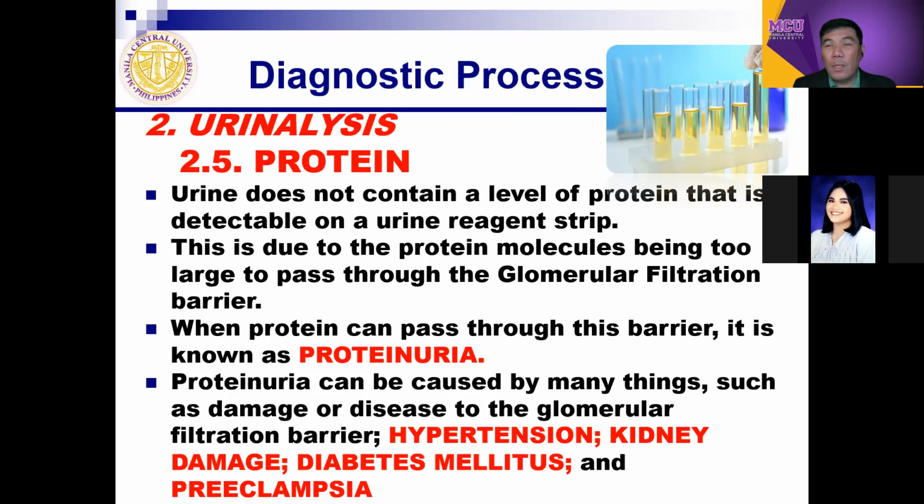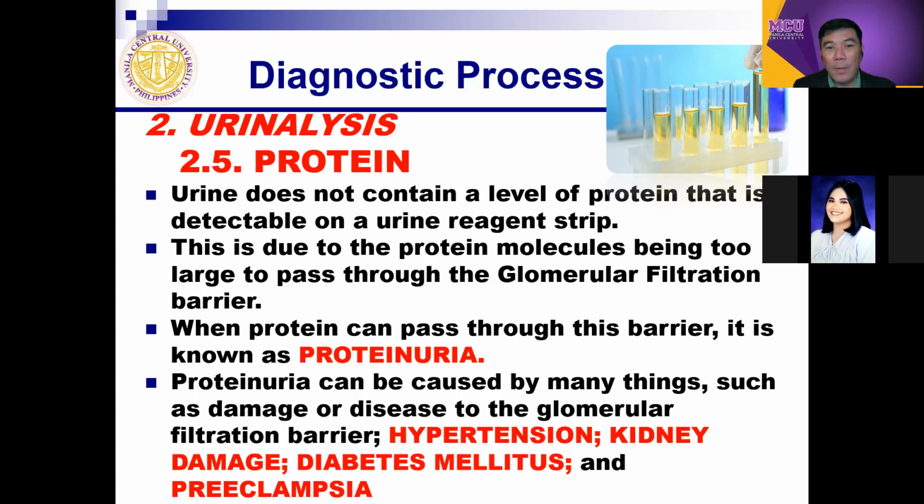If you can remember the discussion we had in pharmacology, when there is hypertension but without proteinuria, that is gestational hypertension. But if it is hypertension with proteinuria, what do we call that? Pre-eclampsia.